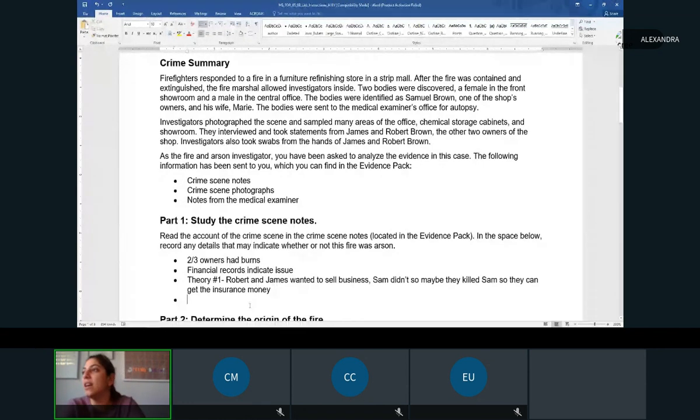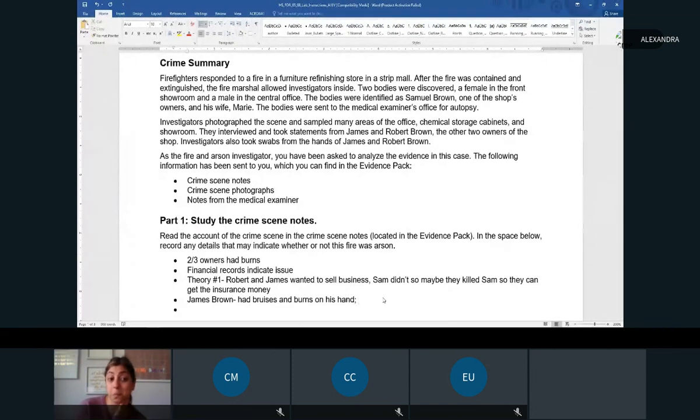So we've got, I believe that was James Brown, who had bruises and burns on his hand. But what is something that James Brown has that may indicate that he was telling the truth?